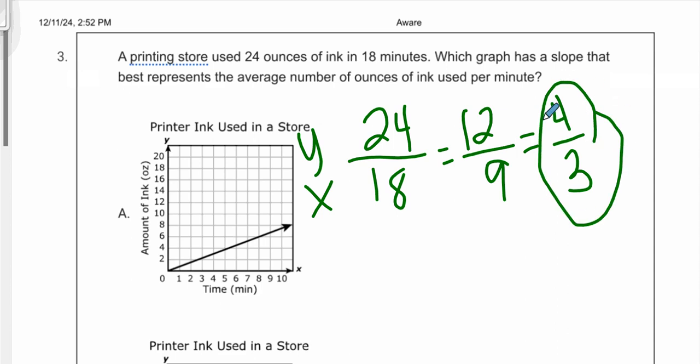So 4 over 3. Remember it's 4 ounces for 3 minutes, or 24 ounces for 18 minutes, 12 ounces for 9 minutes. Okay, so 4 ounces for 3 minutes.